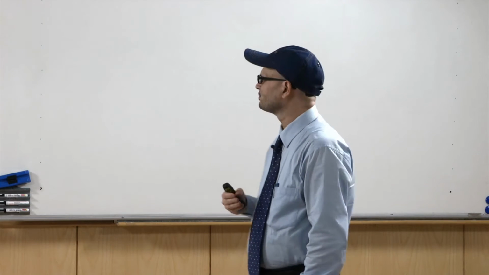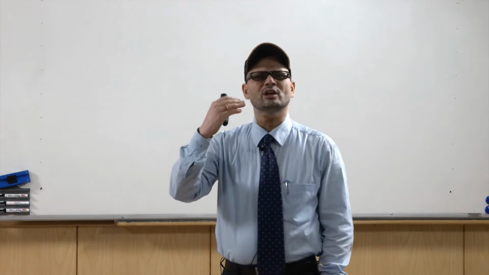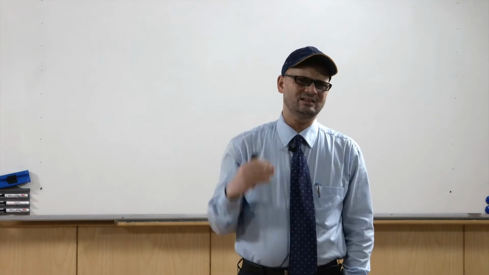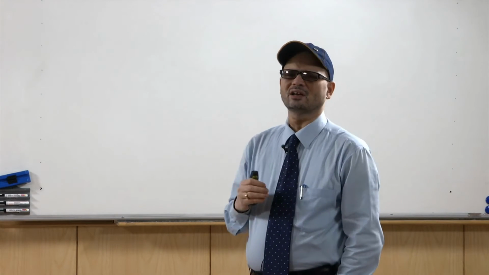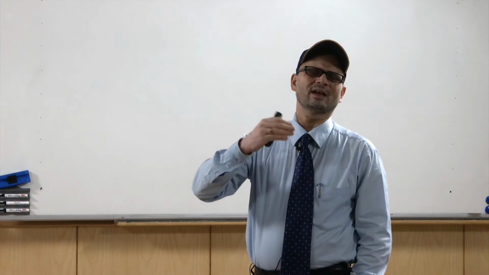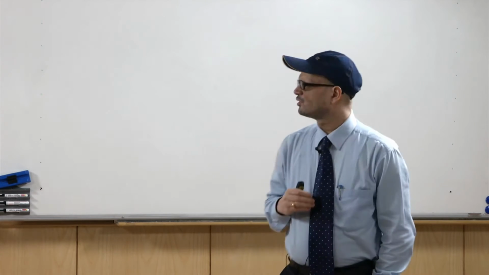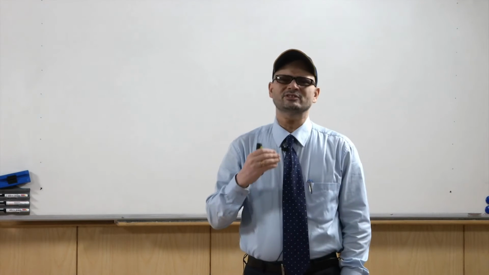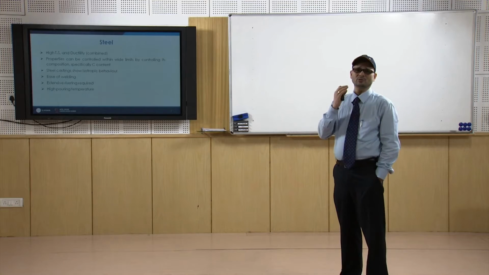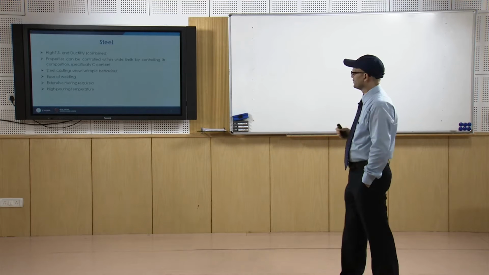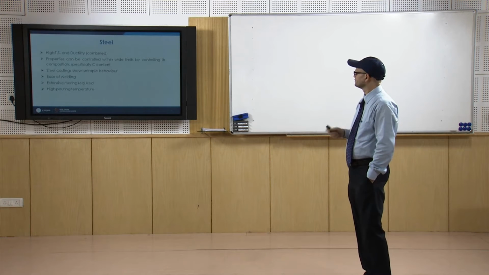There are other properties which you require on the higher side, and at that time steel comes into the picture, which gives you a range of properties, and because of that it is a very important material used in our daily uses.